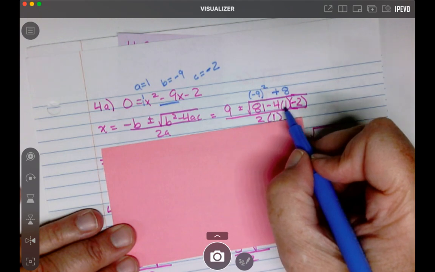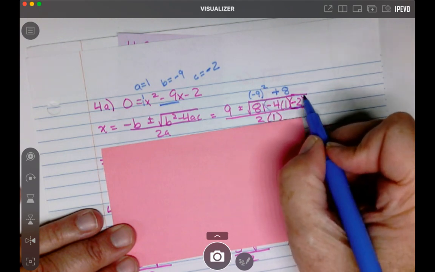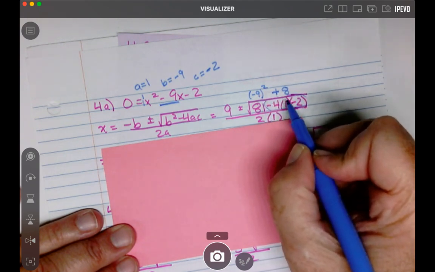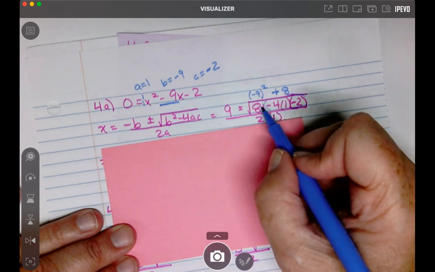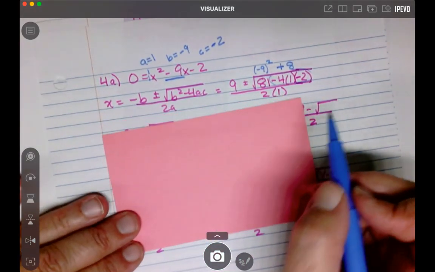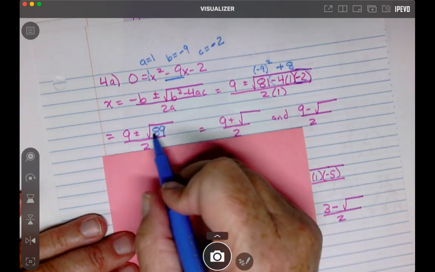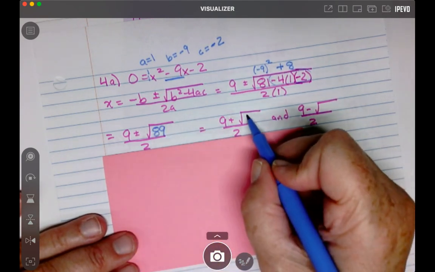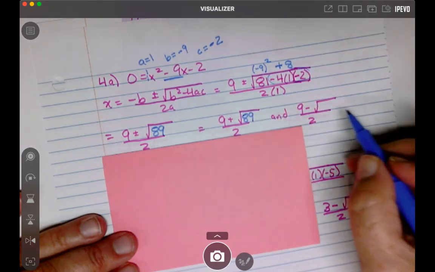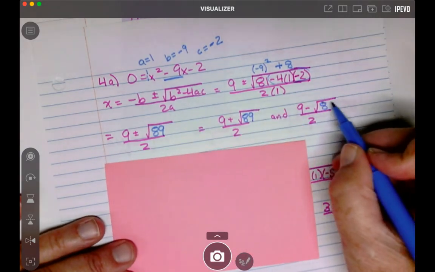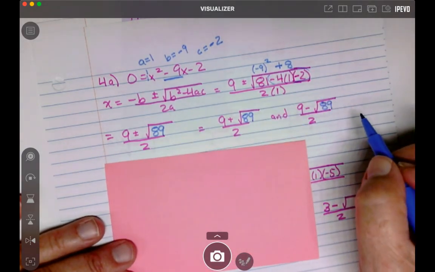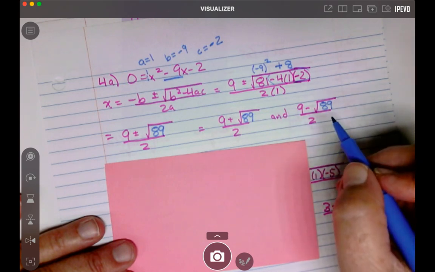So if you have two negatives over here, you're going to turn it into a positive. So now I have 81 plus 8. Well, that's 89. And 89 does not have a perfect square. So I'm going to have 9 plus 89 over 2 and 9 minus 89 over 2. Those are my two solutions.